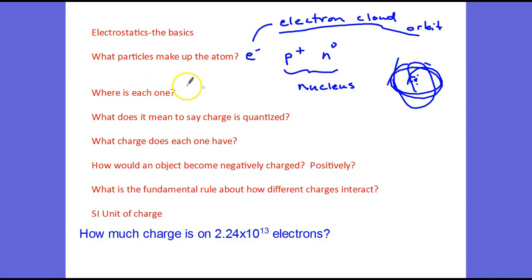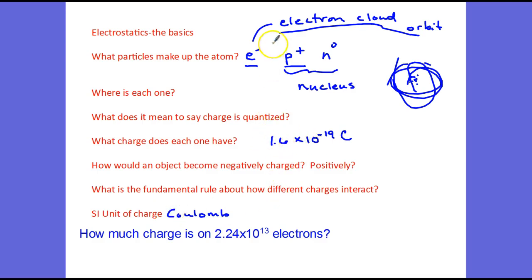orbit around. What does it mean to say that charge is quantized? Well, the amount of charge that the proton and the electron have is 1.6 times 10 to the minus 19th coulombs. The coulomb, C-O-U-L-O-M-B, is the SI unit of charge.